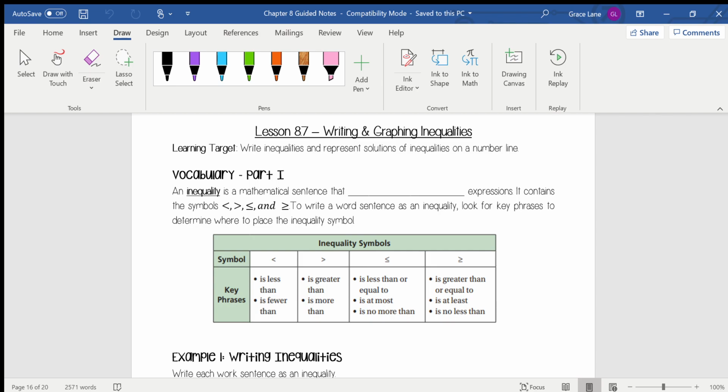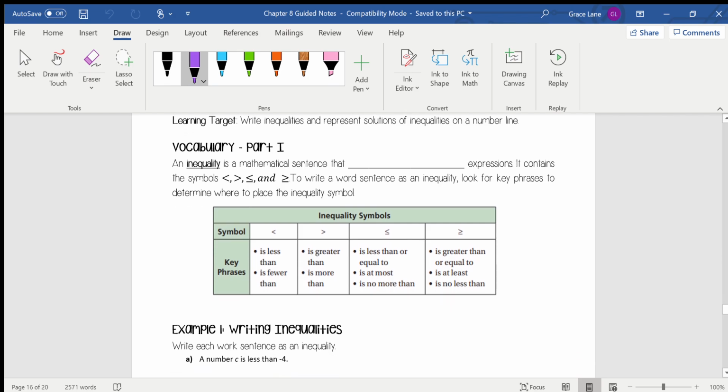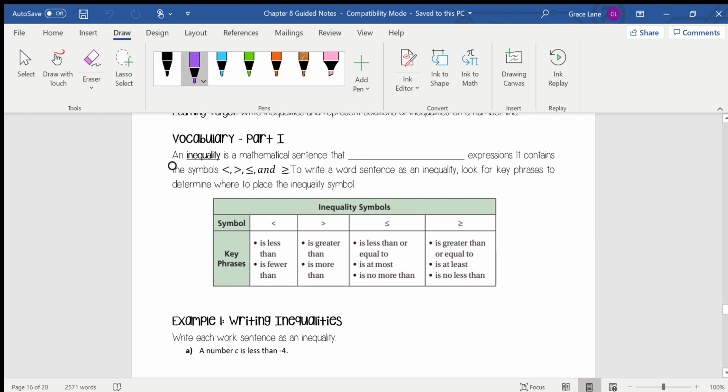We're using the equal sign, and inequality uses 4 different symbols, and I know you've already learned about 2 of them before. There is the less than symbol, there's the greater than symbol, and now you have 2 new symbols, the less than and the greater than symbols, but there's a line underneath them, and that just means or equal to.